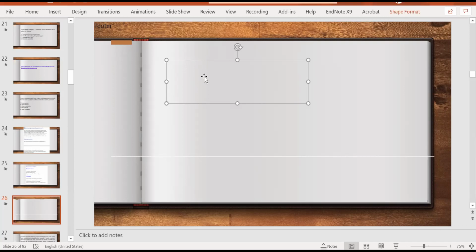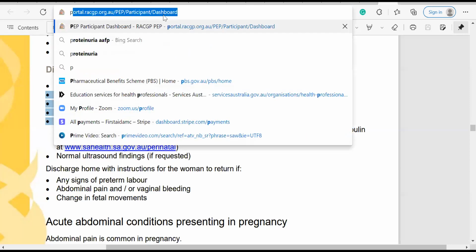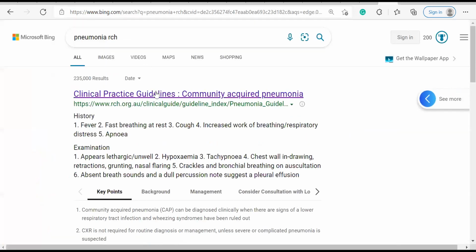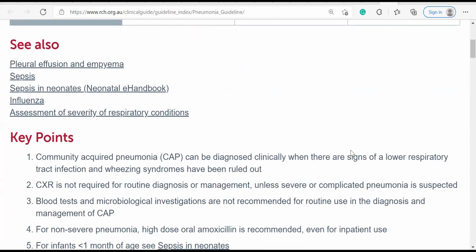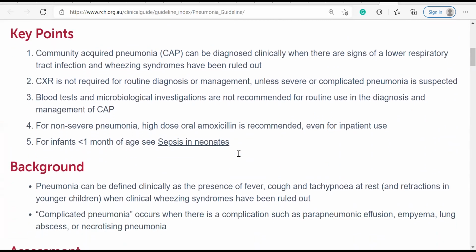In a child who develops bacterial pneumonia, do we need to do a chest X-ray in every child or not? Let's discuss it over the RCH guideline. For community acquired pneumonia, RCH is very good for your pediatrics, so please focus on that for every pediatric topic.